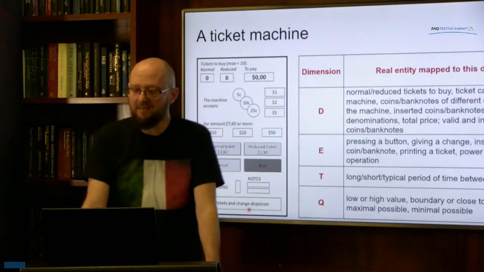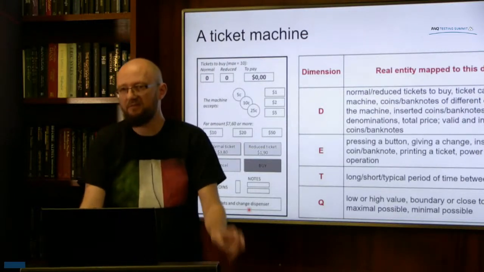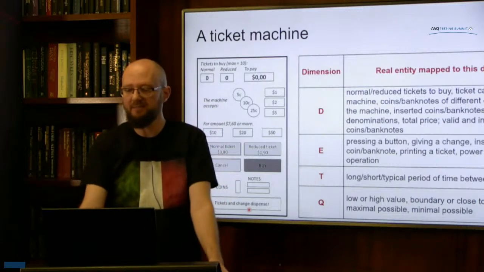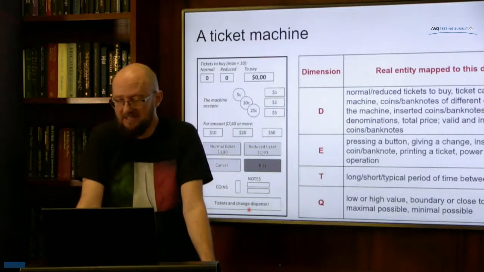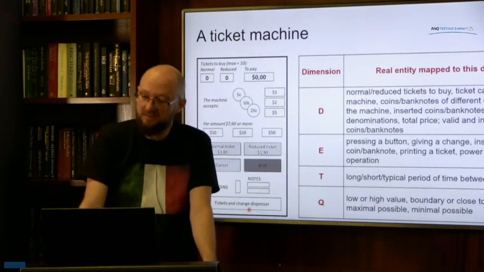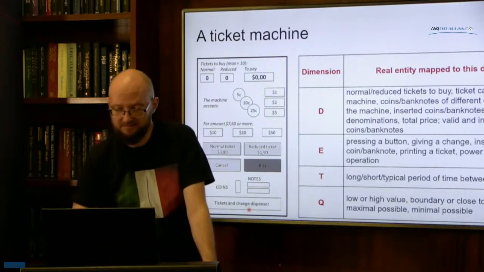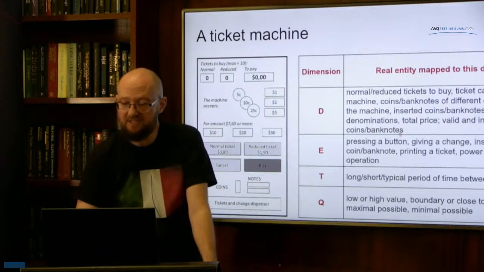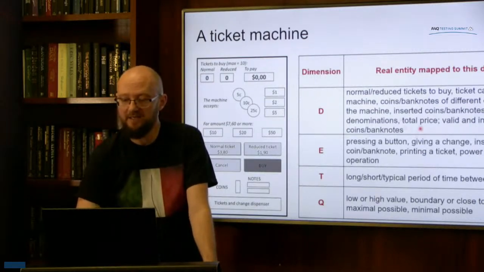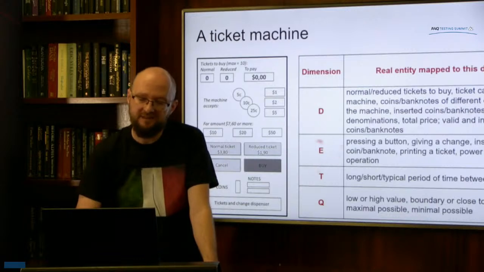So what can be a data dimension here? This physical object, the ticket, may be a type of data, it may be a ticket card in the machine, a coin, a banknote, some value of the total price of the tickets we want to buy, and so on. What can we consider as events here?